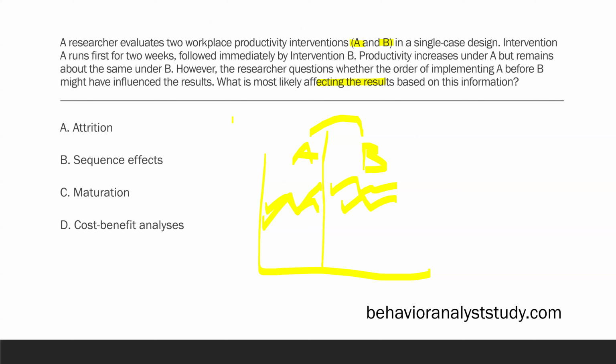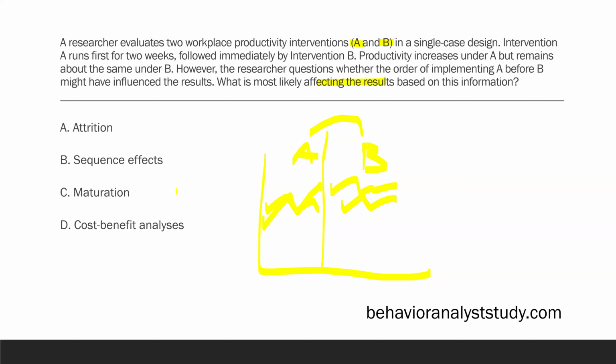The researcher is concerned with, did A influence what B showed? In other words, maybe the participants learned in A, and then when B was introduced, they already knew whatever the productivity intervention was, and it just continued with B. So the researcher is worried that sequence effects are affecting the results.